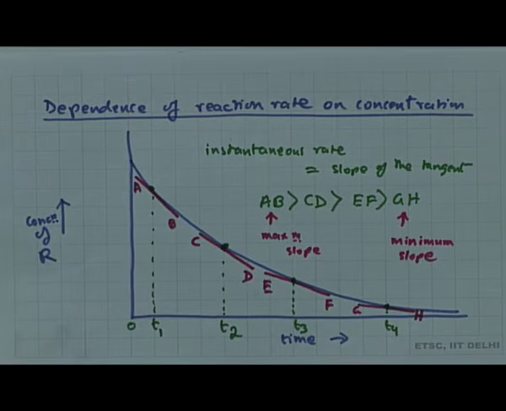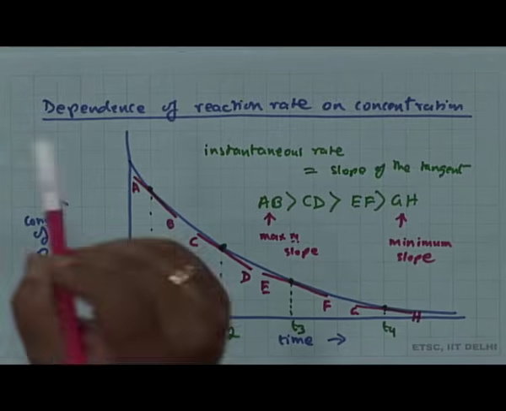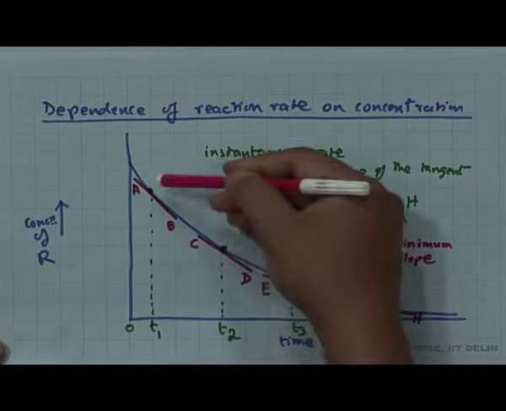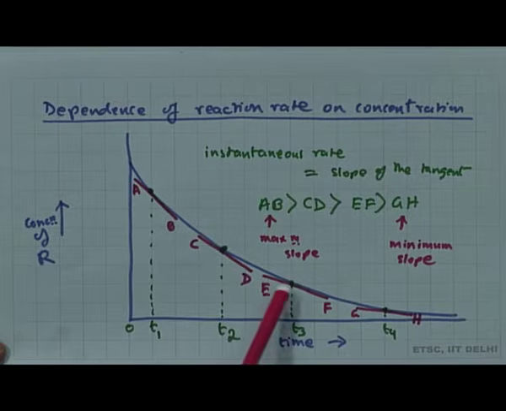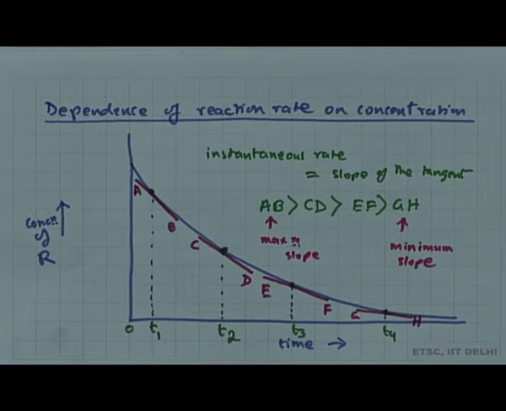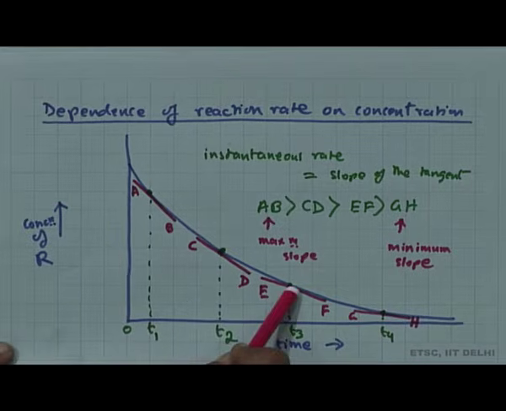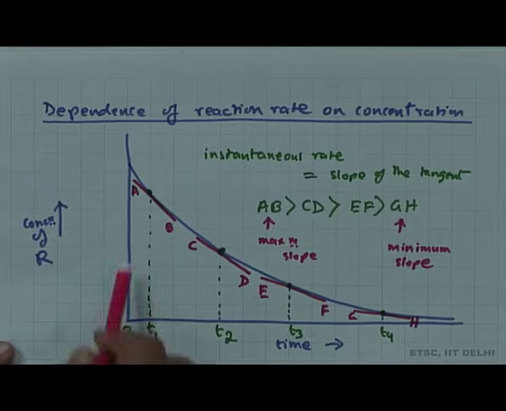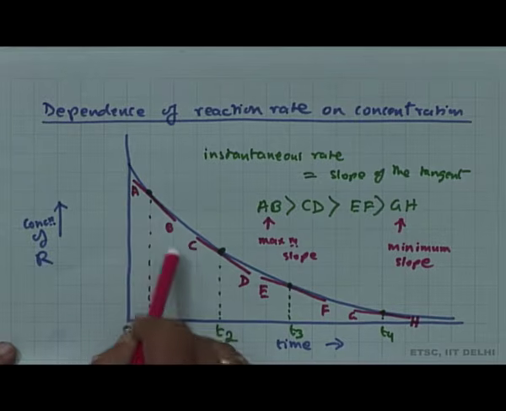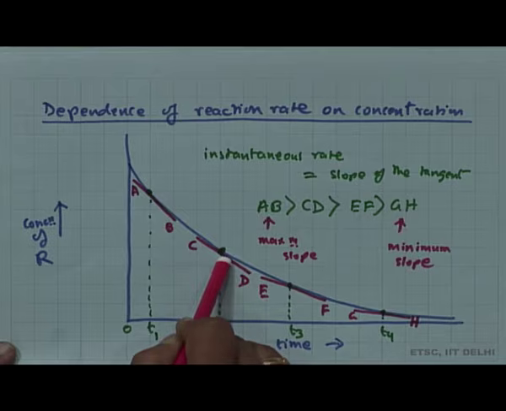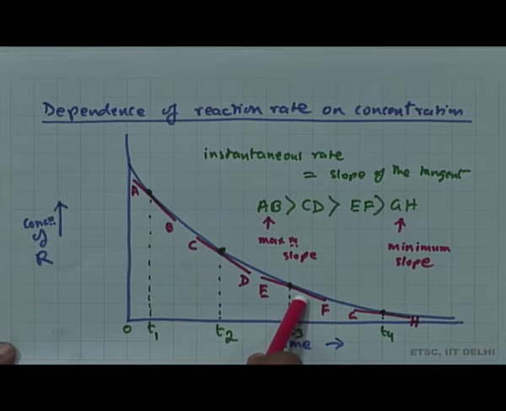Now, if you take definite time points like say T1, T2, T3 and T4 and try to calculate the instantaneous rates at all these points, essentially the slopes, what you will see is that the slope of this tangent AB is greater than the slope of tangent CD, which is greater than the slope of tangent EF, which is greater than the slope of tangent GH.